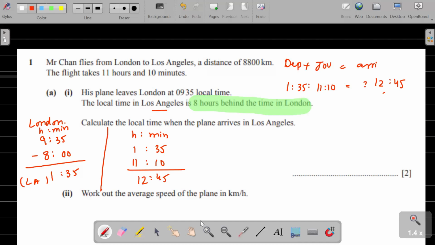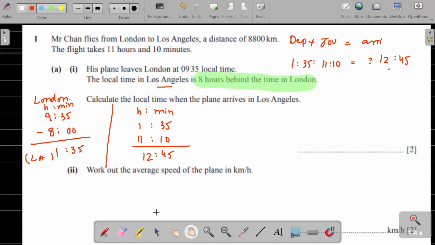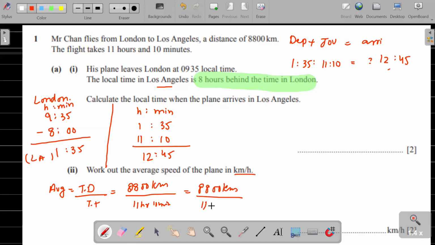Now work out the average speed of the plane in kilometers per hour. All right. The formula for average speed: average speed is total distance over total time. Total distance is 8,800 and time is 11 hours and 10 minutes. Let's convert this into hours: 11 hours plus 10 by 60 hours.